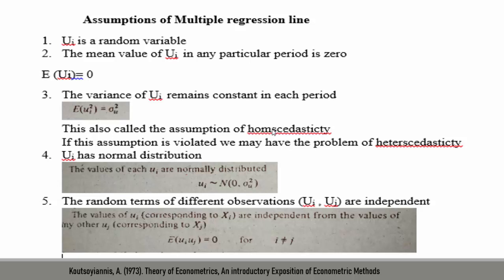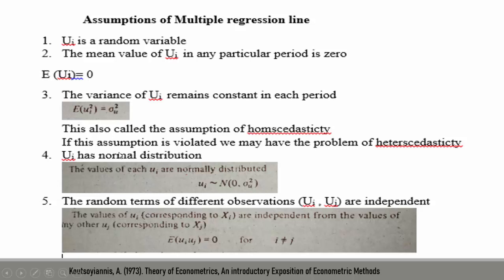If this assumption is violated, which often happens in econometrics, that is, if the variance of ui is not equal to sigma square u, then this becomes a case of heteroscedasticity. And in case of heteroscedasticity, we can face many econometric problems.